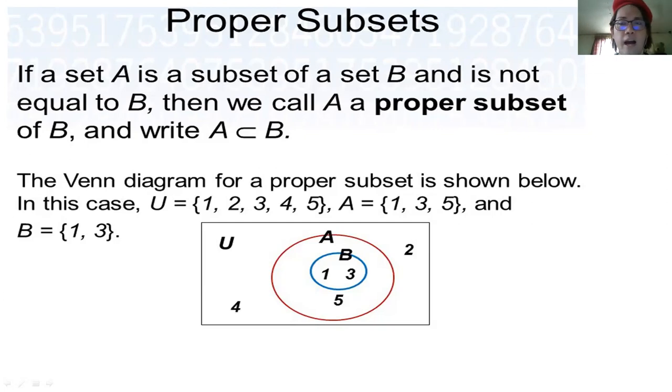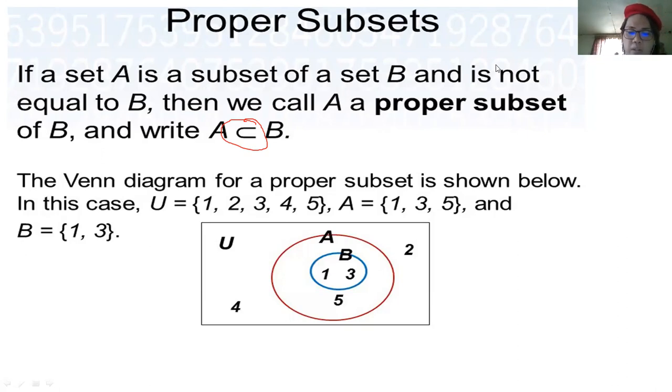Now we go over the proper subset. Set A is a proper subset of B, denoted by the symbol you can see there, if and only if every element of A is also an element of B. That's the first requirement: it must be a subset.